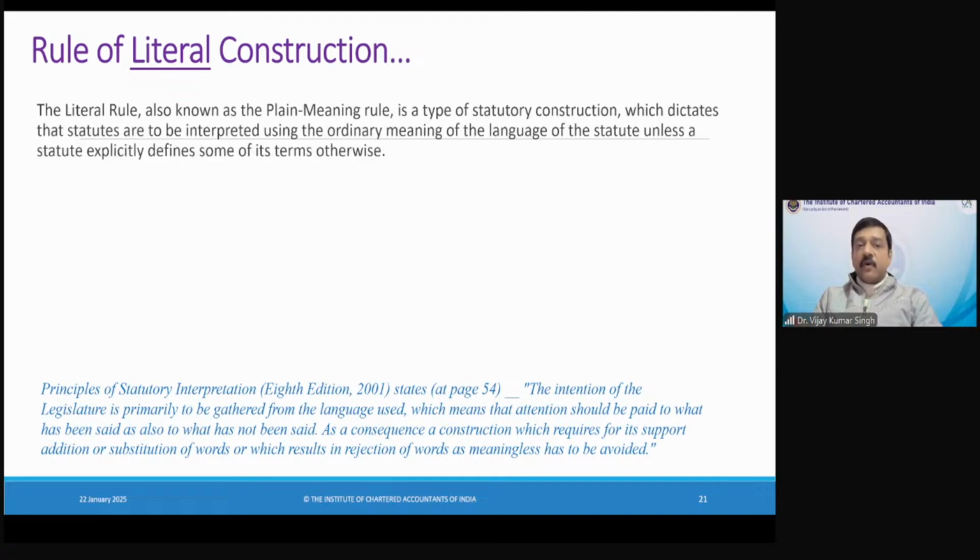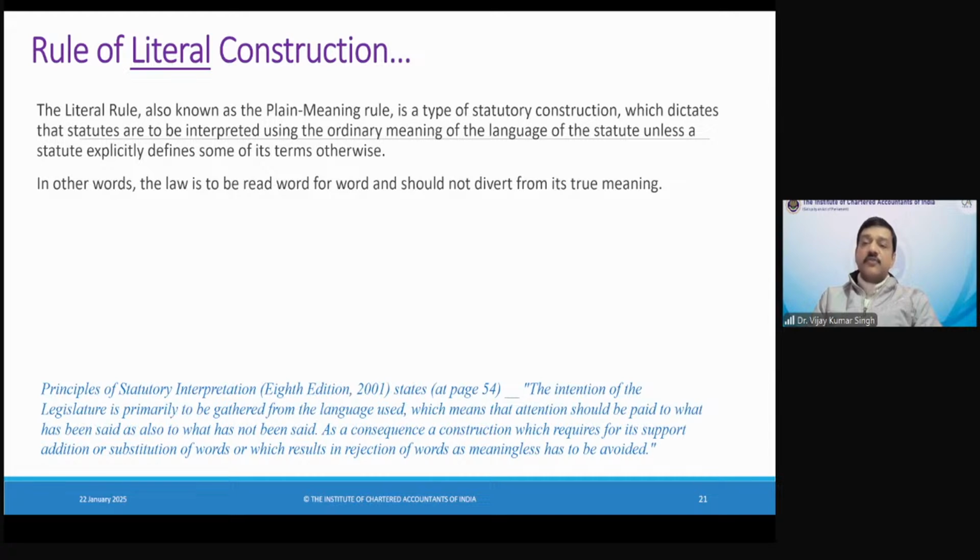So the literal rule, also known as the plain meaning rule, or also referred to as cardinal rule or ordinary rule, is a type of statutory construction which dictates that statutes are to be interpreted using the ordinary meaning of the language of the statute, unless a statute explicitly defines some of its terms otherwise. Now, in other words, the law is to be read word for word and should not divert from its true meaning.